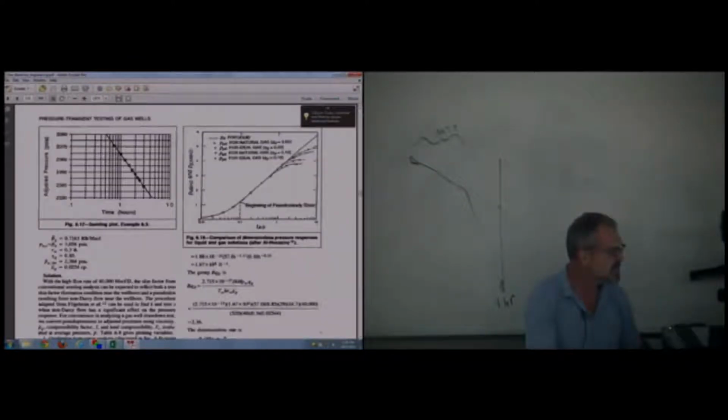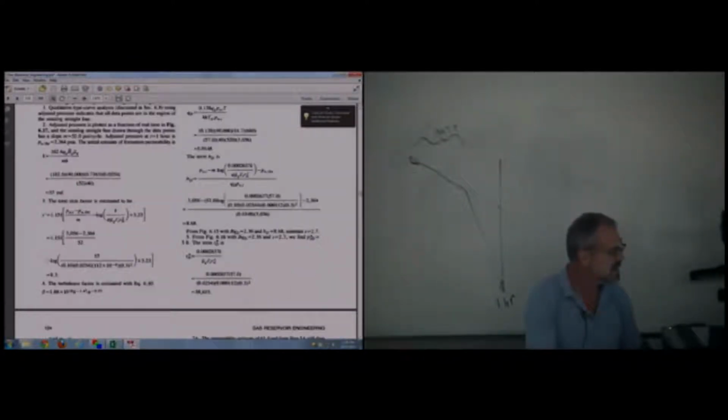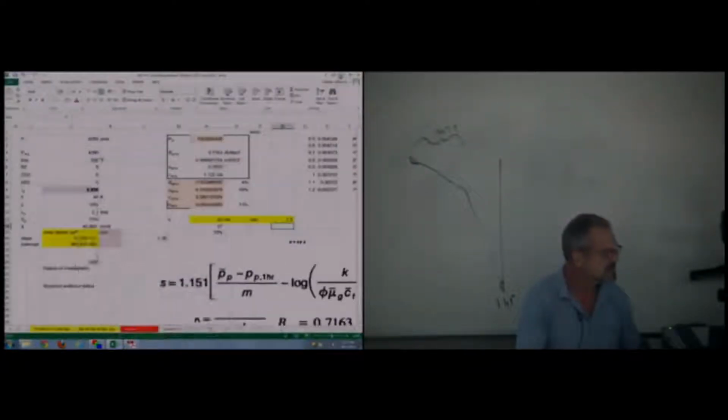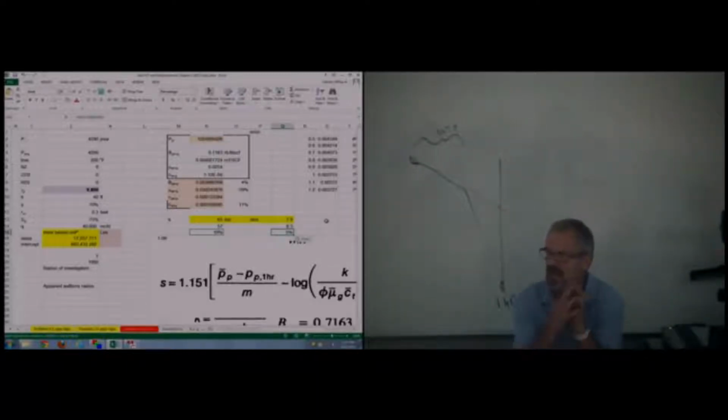Here's 6.3 starting. 8.3. That's a 5% difference from the textbook. So when you're working through these examples, you can expect this amount of error. You're not going to match the textbook exactly.